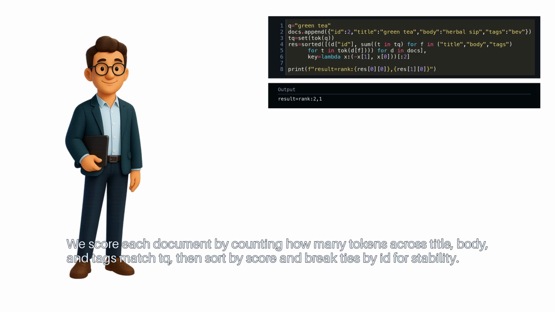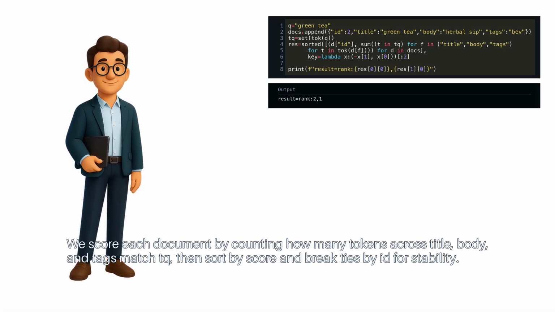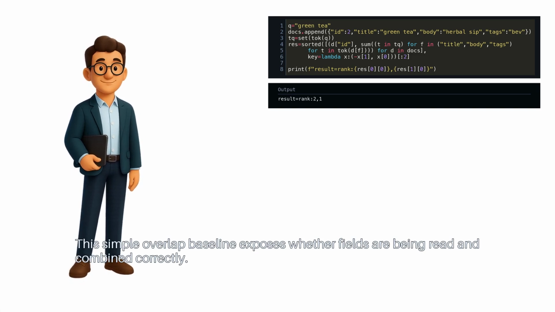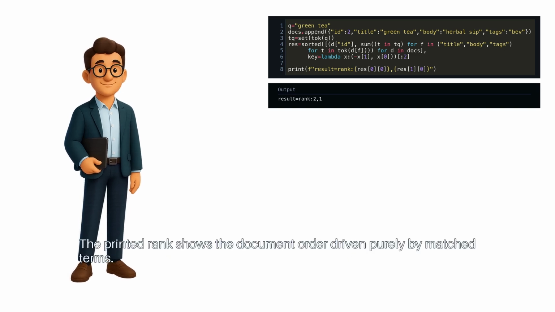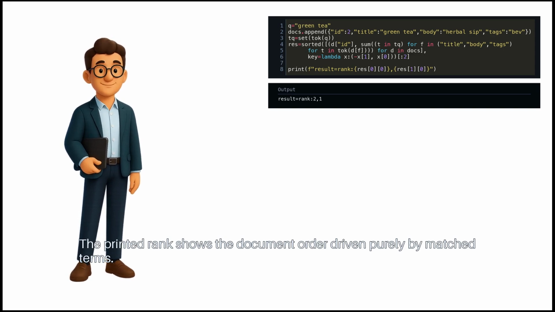We score each document by counting how many tokens across title, body, and tags match TQ. Then sort by score and break ties by ID for stability. This simple overlap baseline exposes whether fields are being read and combined correctly. The printed rank shows the document order driven purely by matched terms.